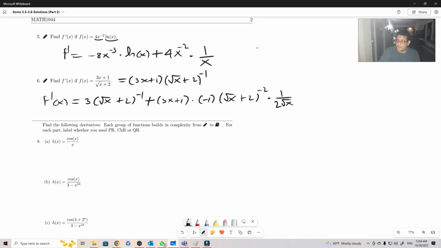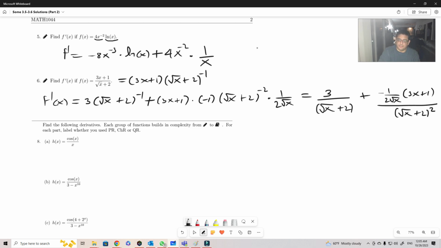Okay, so if you think of this, this can be written as 3 over square root of x plus 2, plus, and then we can see this as minus 1 over 2 square root of x, 3x plus 1 over square root of x plus 2, the square.